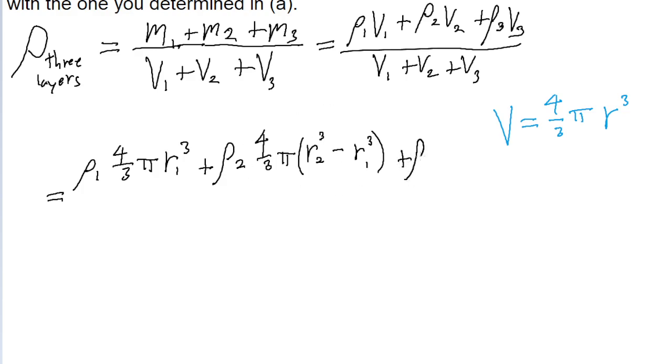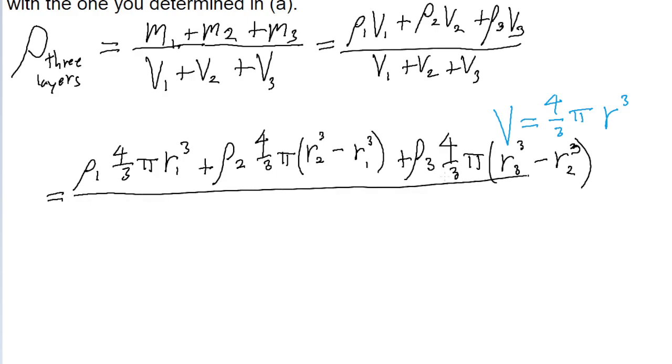So I'm going to do the same thing for rho 3 times 4/3 pi multiplied by r3 cubed minus r2 cubed. That should be a cube, not a square. Now we divide all of this by v1 plus v2 plus v3.